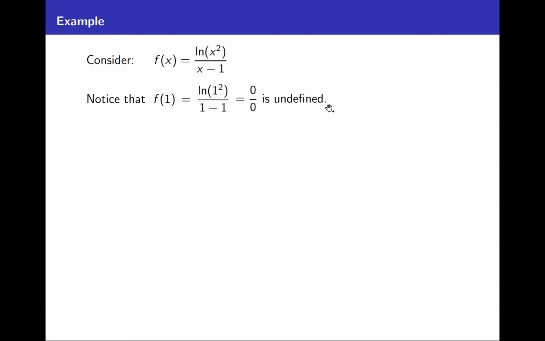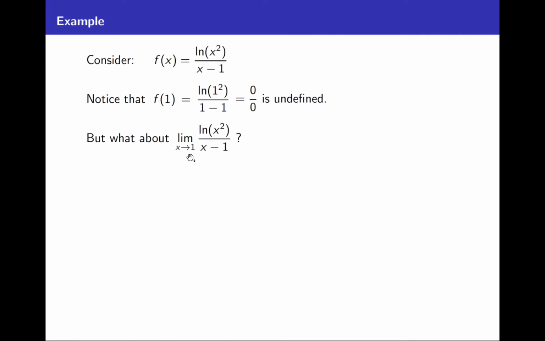Well, that's fine. It just simply means that 1 is not in the domain of this f. But imagine you asked yourself the question, what about the limit as x approaches 1 of ln x squared over x minus 1? Let's see if we can find out what this limit is.